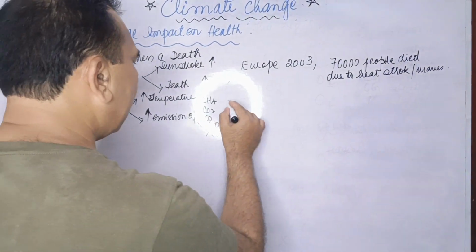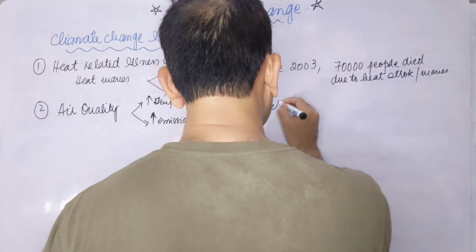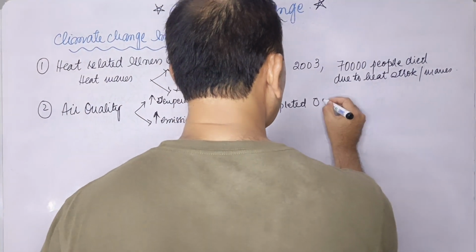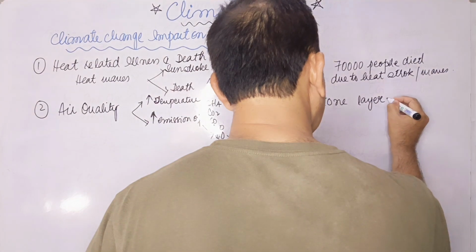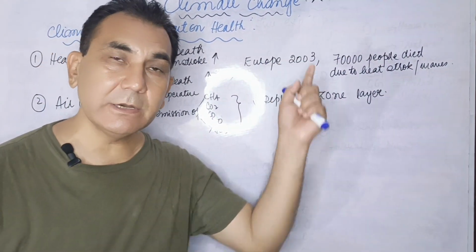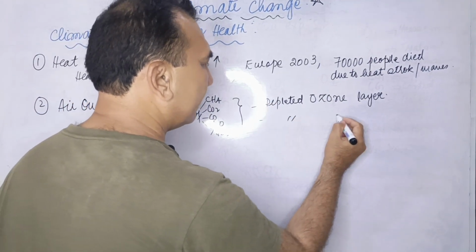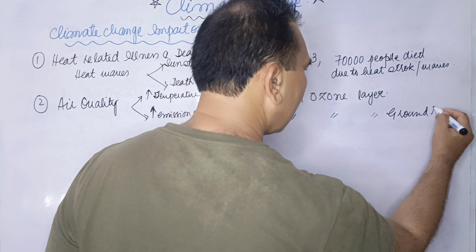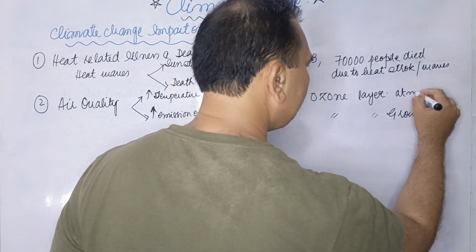And what would happen? These all will deplete the ozone layer, at both levels: at the atmosphere level and also at the ground level.